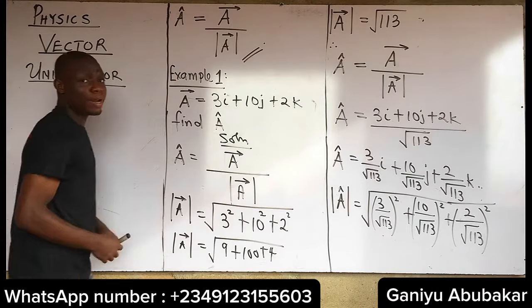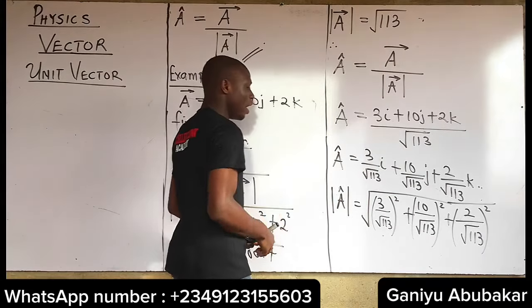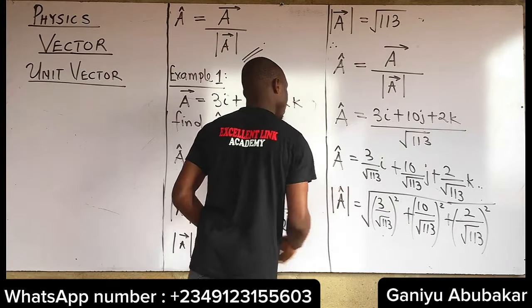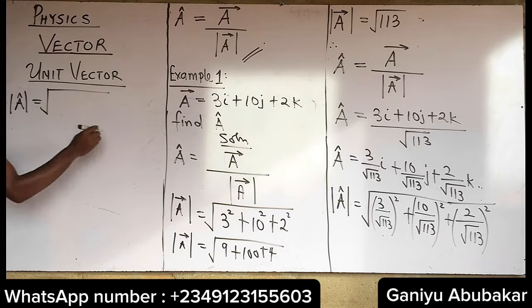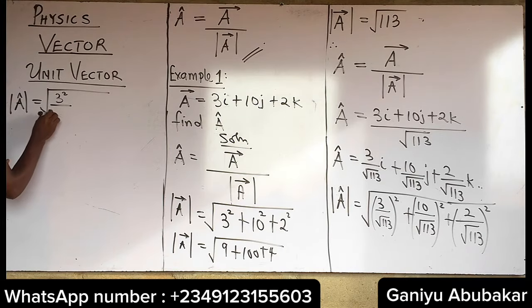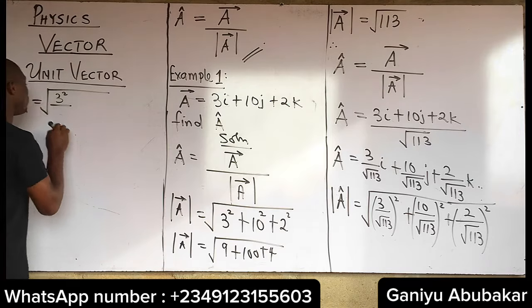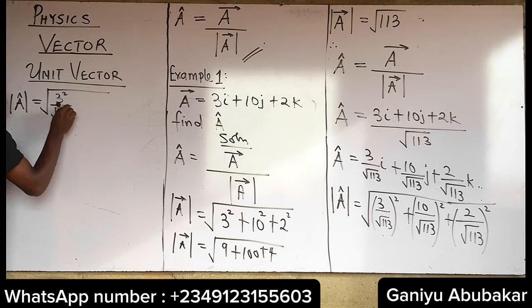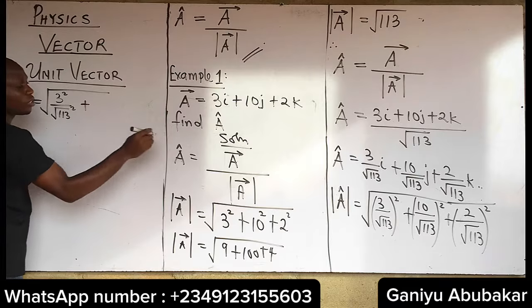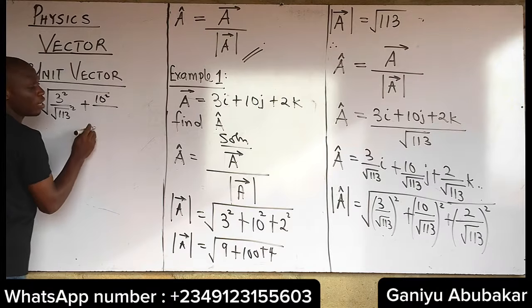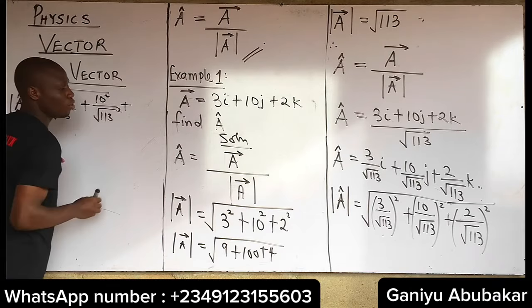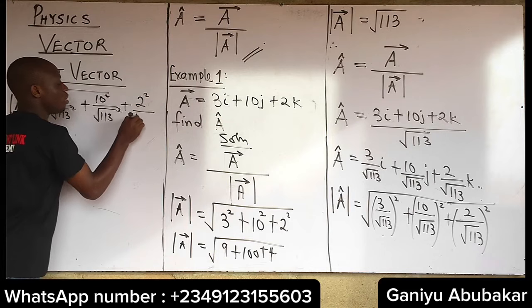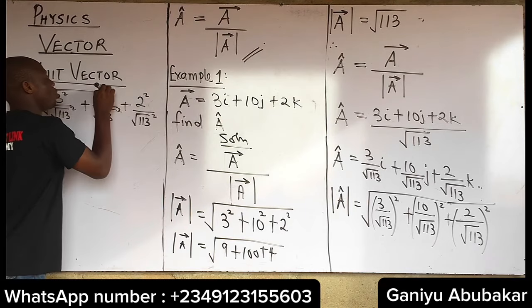Alright, from here, apply the concept of indices. The square will affect each of these. So the magnitude of unit vector A is equal to the square root of 3 squared all over root 113 all squared, plus 10 squared over root 113 all squared, plus 2 squared over root 113 all squared.